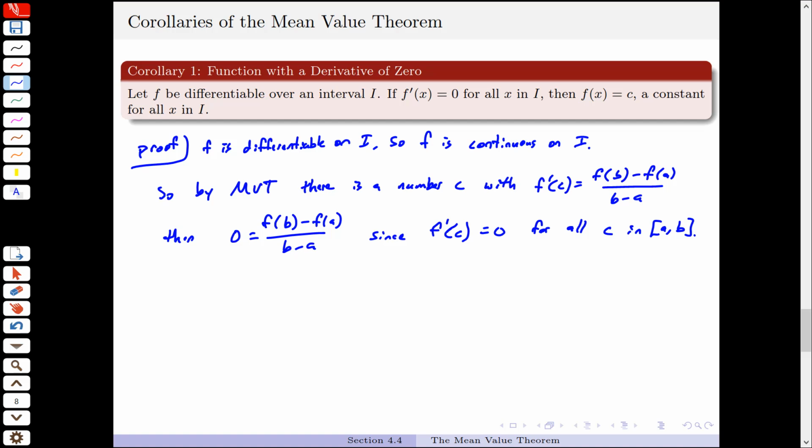Well, if I multiply both sides by b minus a, that means that 0 equals f of b minus f of a, or another way to write that is f of b equals f of a.